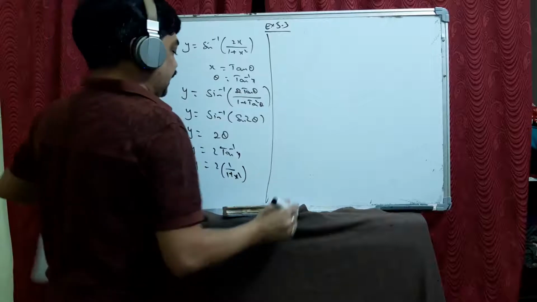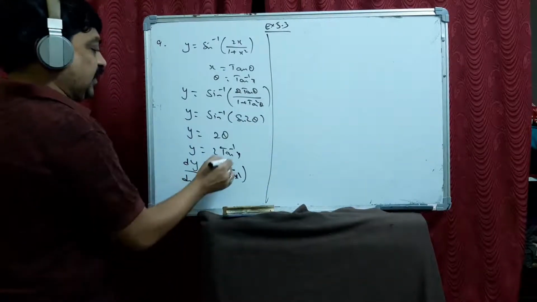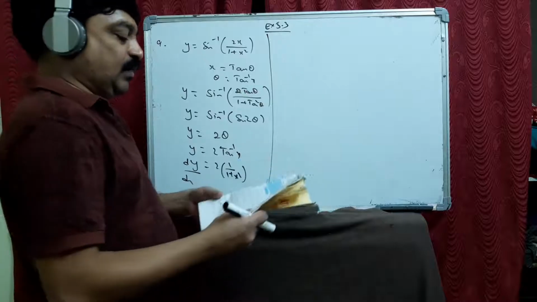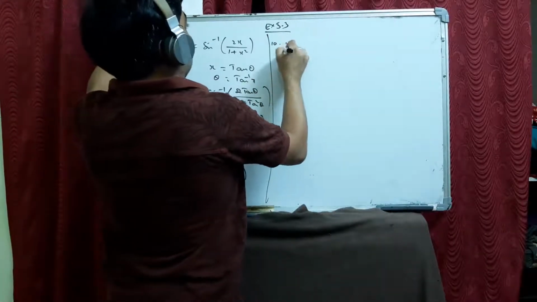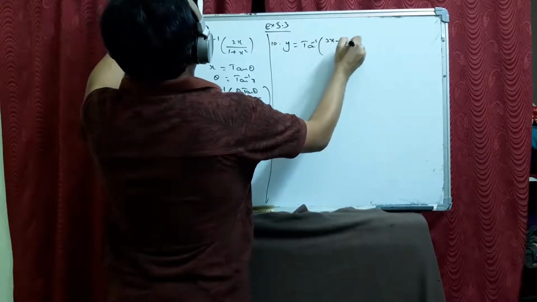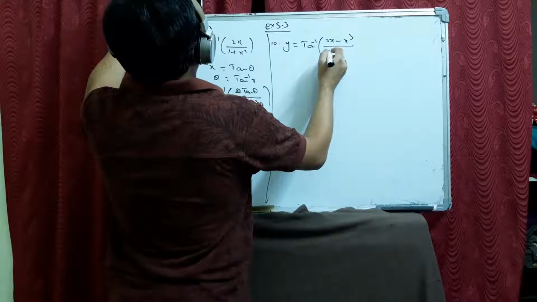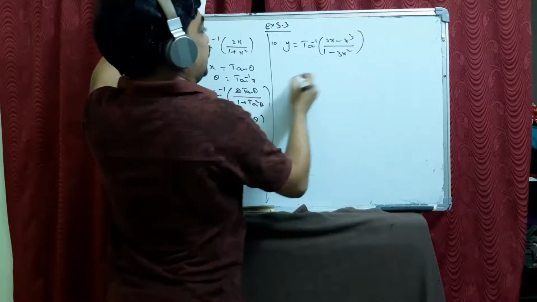The same thing happens in all the problems, and the derivative dy by dx will be derivative of tan inverse x, which is 1 by 1 plus x square. Suppose in the 10th problem also, if I take y equal to tan inverse of 3x minus x cube, and the things that they have given beside that are the conditions for the function to exist.